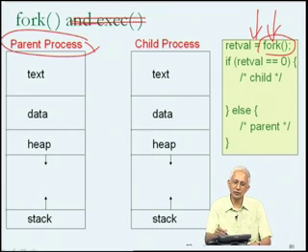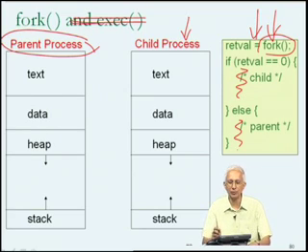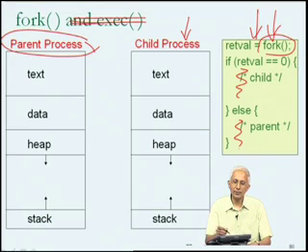The new process is the child process, which executes this piece of code when it next gets a chance to execute, whereas the parent process executes this piece of code. Both are running the same program. Right? So the child process was initialized with its own text, data, stack, and heap, just like the parent process had.